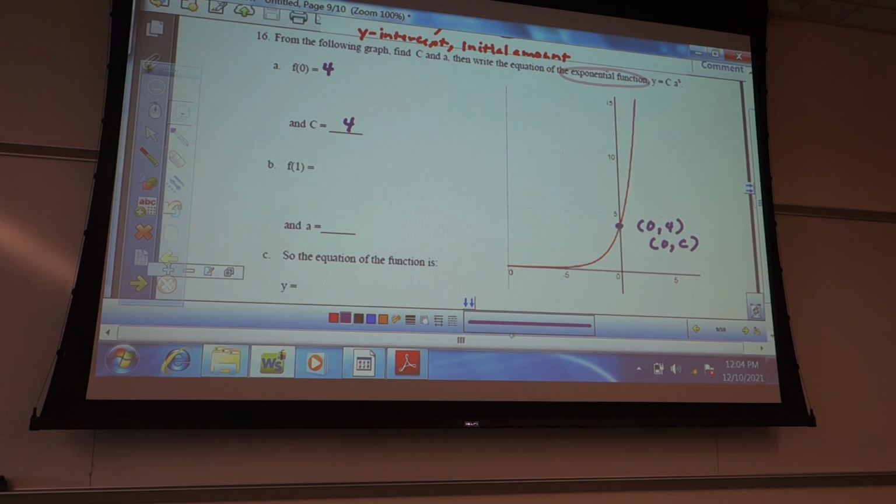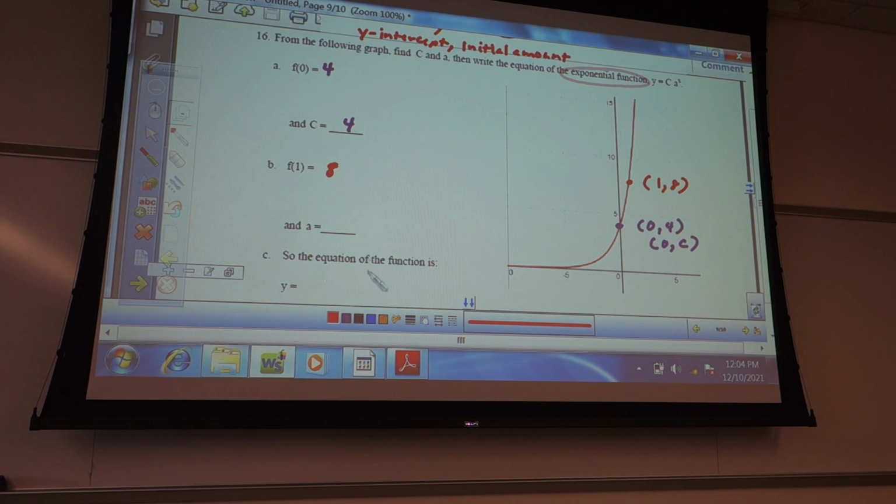What's f of 1? Does anyone see that spot? What's this point? 1, comma 8. So f of 1 is 8.